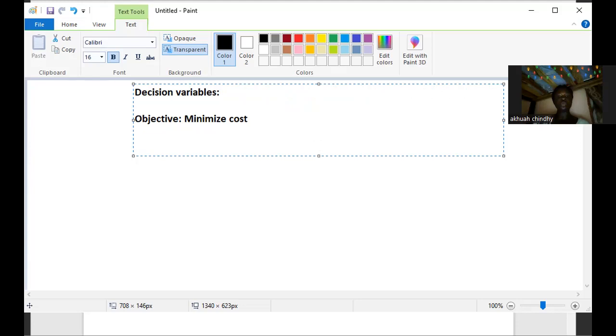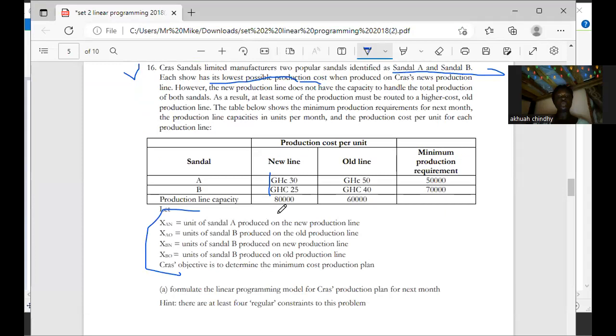I only do it here, but in some questions, they're not going to make it complex like this question where they are giving you production A, B. No, they're just going to make it simple. But here lies the case. We have sandals A on the new production line, sandals B on the old, sandals B on the new, sandals A on the old. So we get that one.